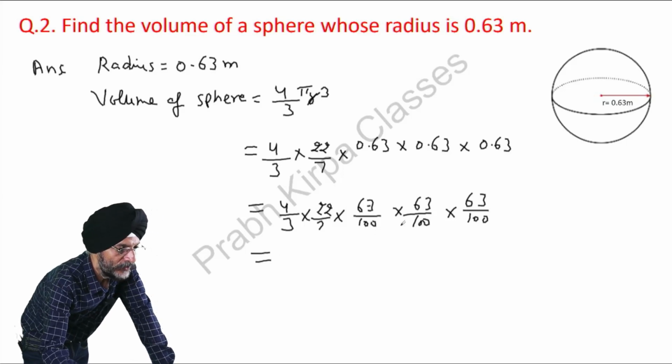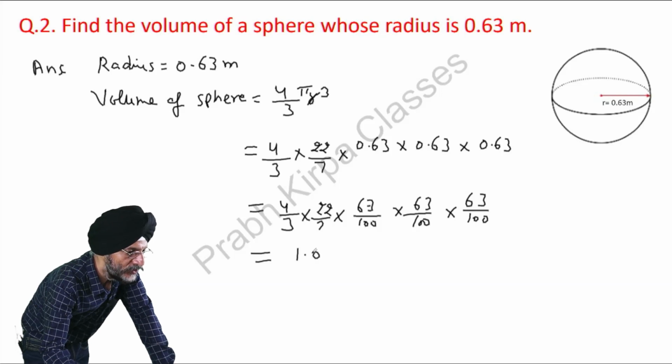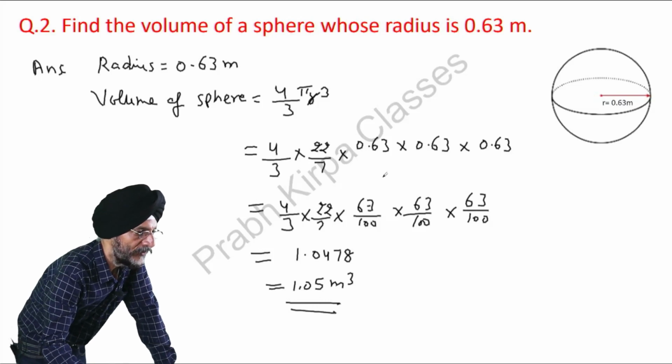And when we solve all this, we will get 1.0478 or 1.05 cubic meter. This is the volume of sphere whose radius is 0.63 meter.